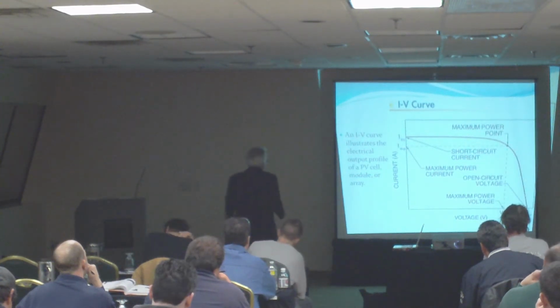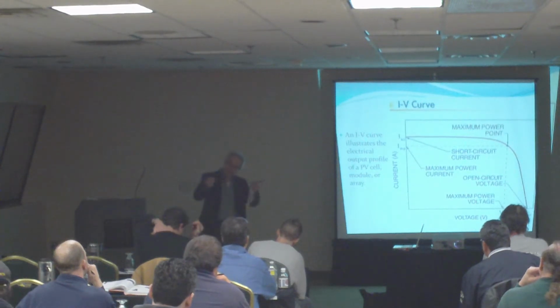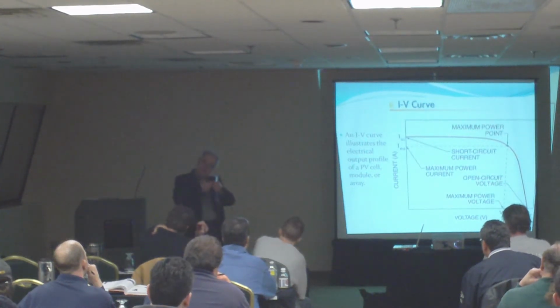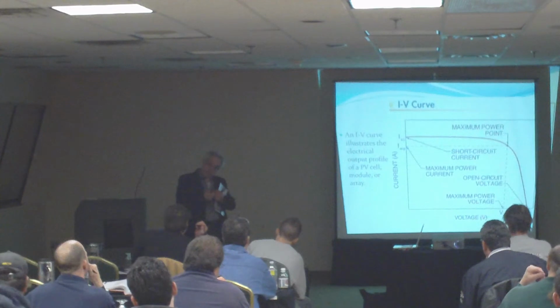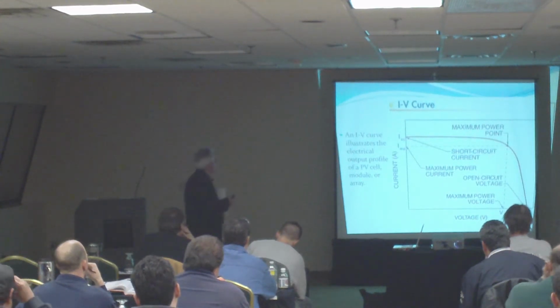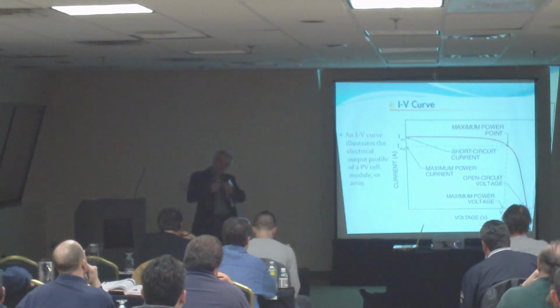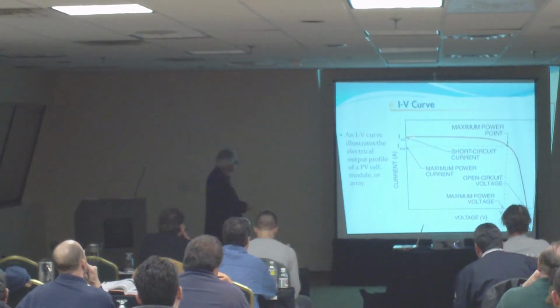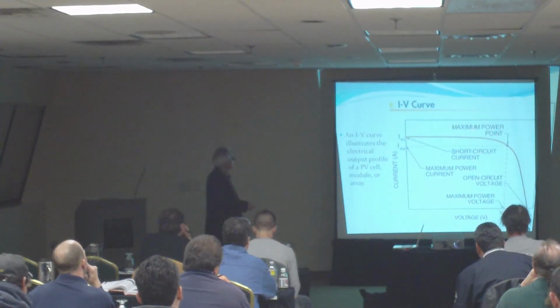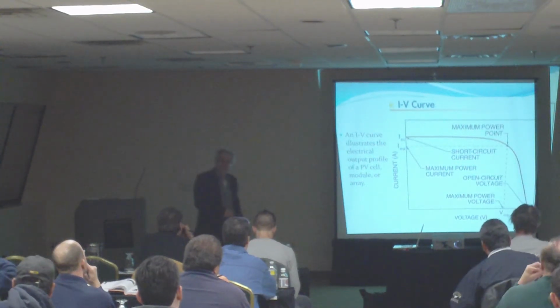At the same time, if we take the module and we short it together, we're measuring the short circuit current associated with that. So we plot it, and we can see that when we short the circuit, we have a certain amount of current, and the current remains pretty much constant until it reaches this point. Then it starts tilting down.